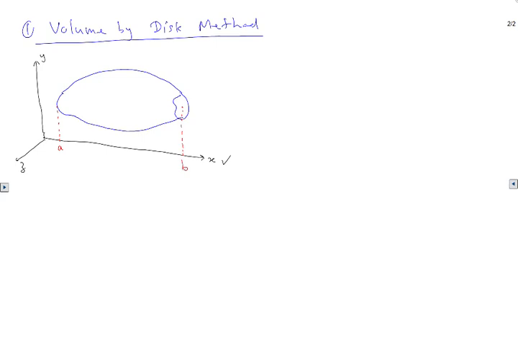So what we do is slice the object perpendicular to the x-axis. In this case, x-axis; not always x-axis, it's either x or y, but in this case we're going to cut perpendicular to the x-axis. Once you do that, how does it look?